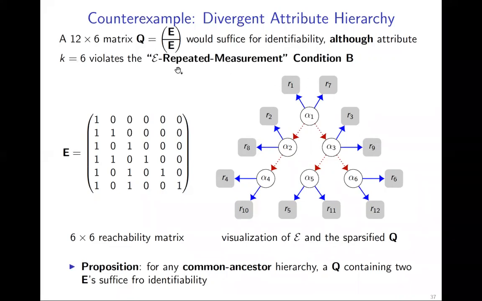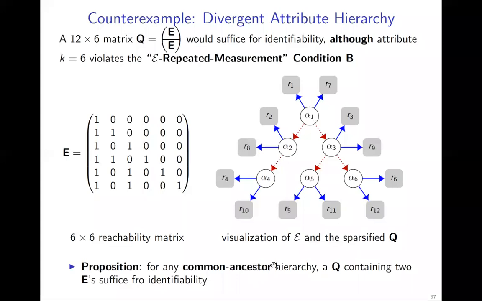So it is not required by at least 3 items as stated in condition B, and condition B is violated here. More generally, we have a proposition that for any common ancestor type of attribute hierarchy, a Q matrix containing 2 copies of the reachability matrix would suffice for identifiability.